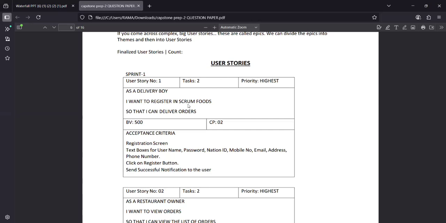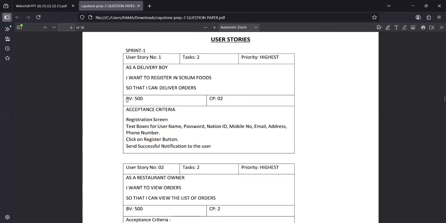We can say it decides which user story we need to work on first, and that will be given the highest priority. Here we have five categories: highest priority, high, medium, low and lowest priority, which we give for the user story. Going forward we will discuss what a BV and a CP are.